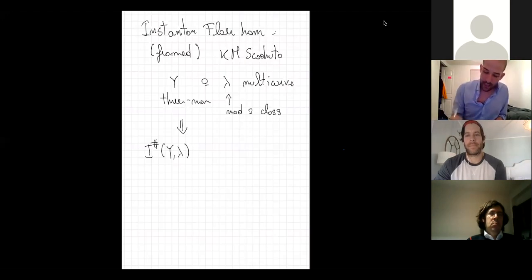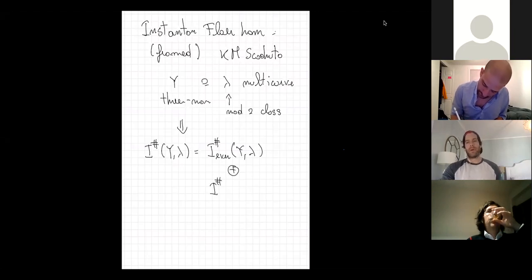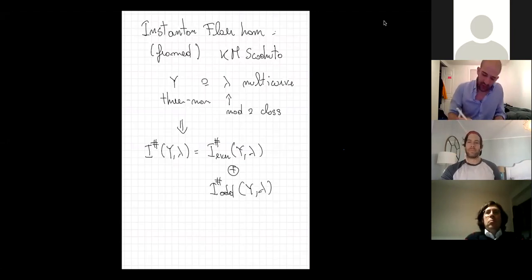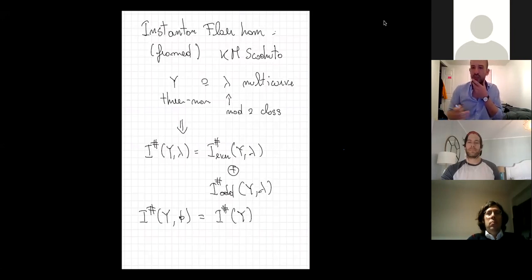Okay, and these groups have a Z2 grading, so you can split them as a direct sum of two smaller vector spaces. And in particular, we are going to be interested in the case when the decoration, like the framing, is empty. This is what we simply denote by I sharp of Y. Okay, so I don't want to go through the theory of, I mean, I don't even want to sketch the construction of this group.